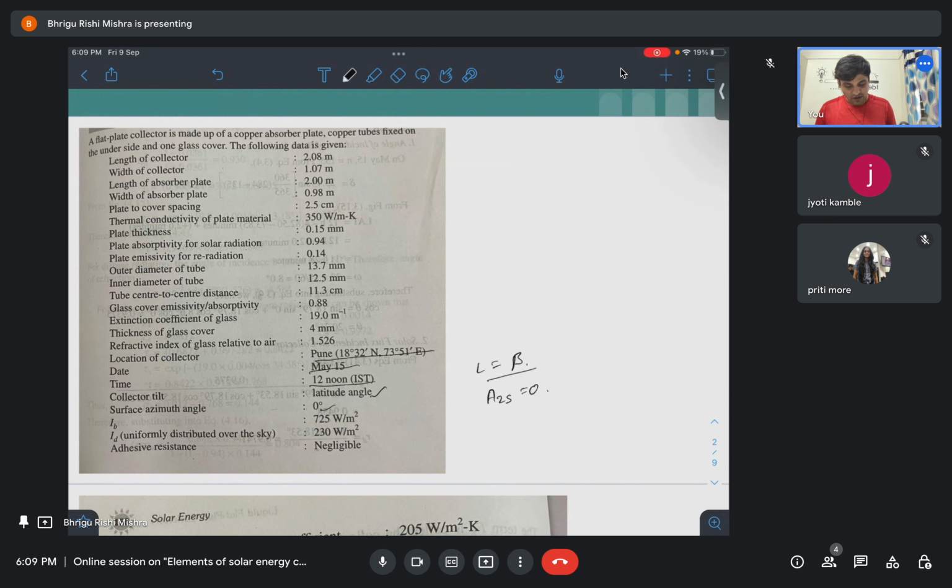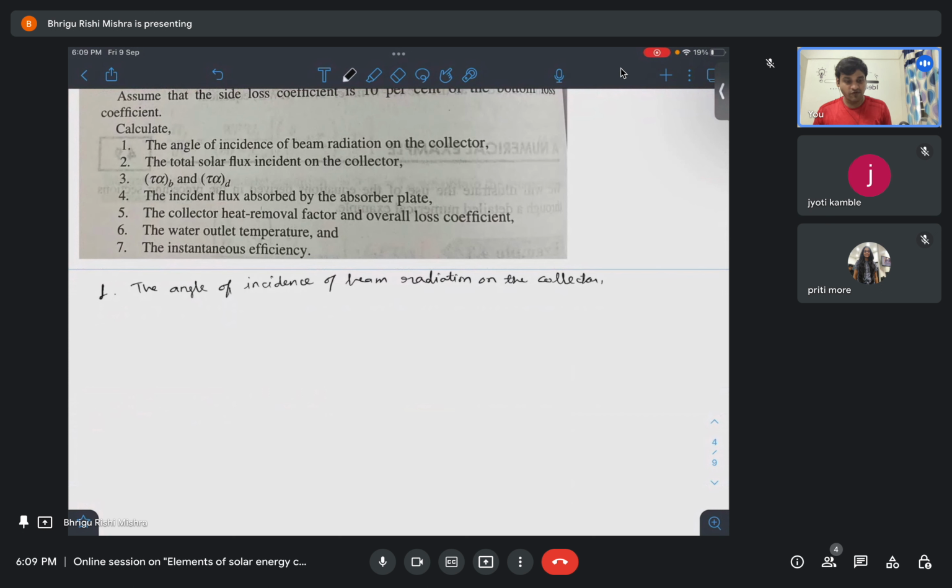So first we calculate the angle of incidence of beam radiation. It is 15th May, so n will be 135. Since we have already calculated these things in the previous online session, I'll not spend much time on this. If you have any doubt, you can ask, or check the previous online sessions.